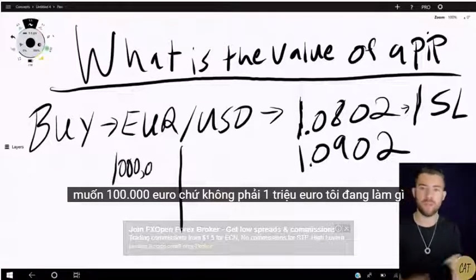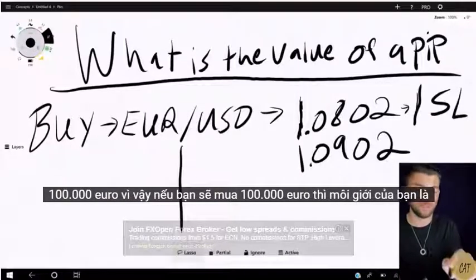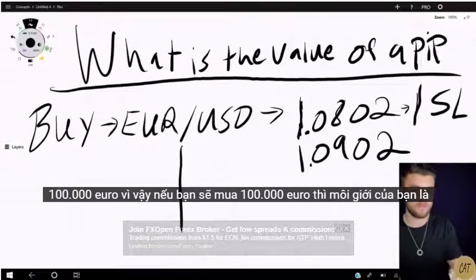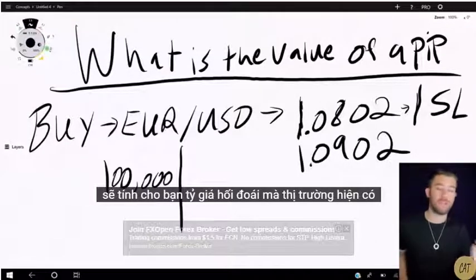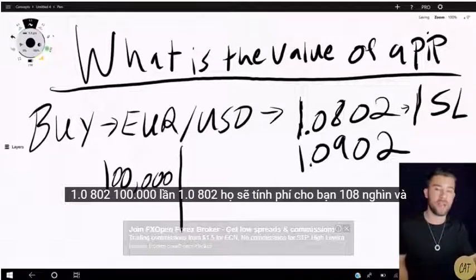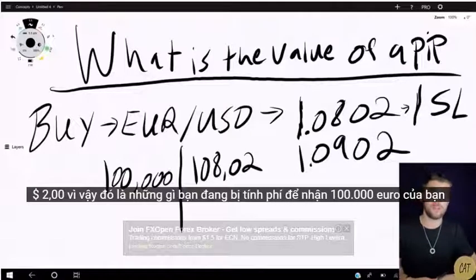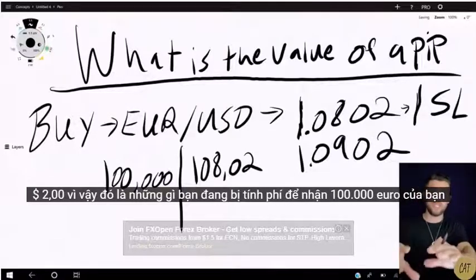So if you're going to purchase 100,000 euros, your brokerage is going to charge you the exchange rate that the market currently has, which is 1.0802. 100,000 times 1.0802 would be, they will charge you $108,002.